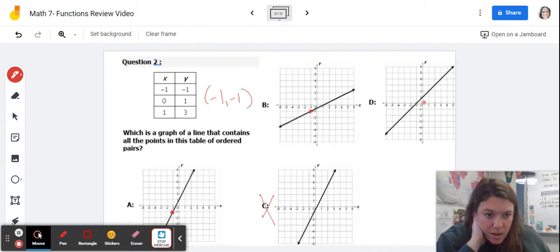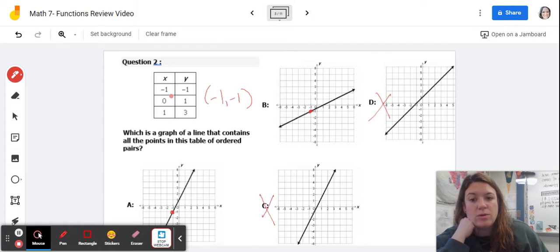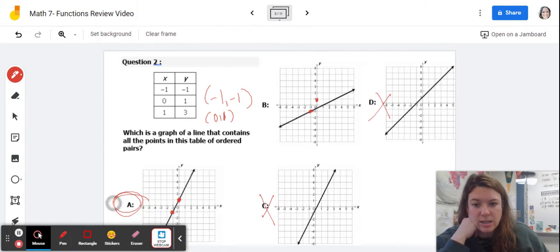Nope. -1, -1. Nope. Okay, now 0, 1. 0, 1 is I don't go left to right and I go up 1. Okay, so that one works there and it does not work there. 0, 1, right, is you don't go left or right for the X value and you go up 1 for the Y value. So the correct answer is A.